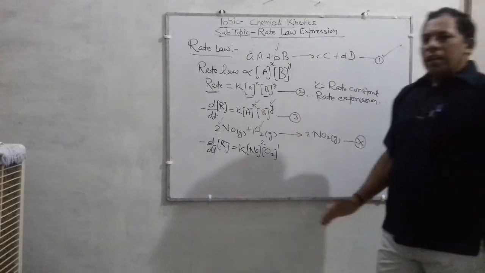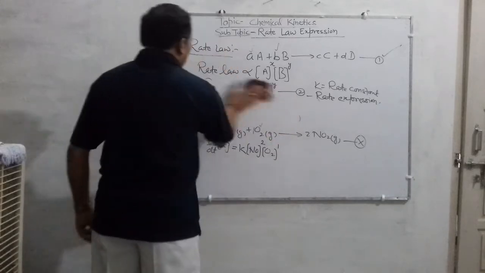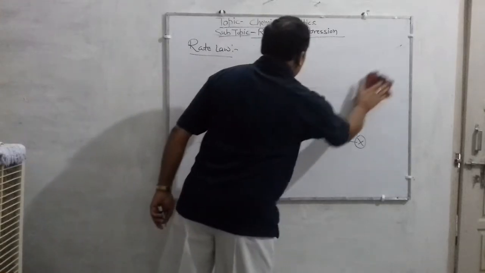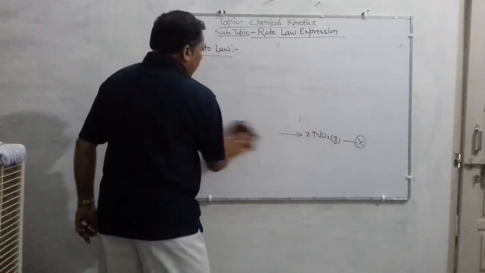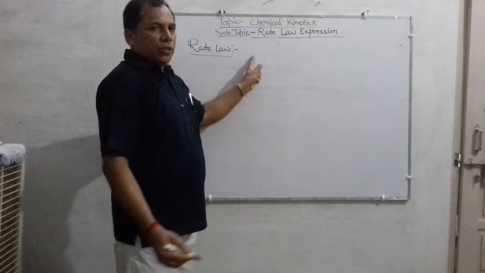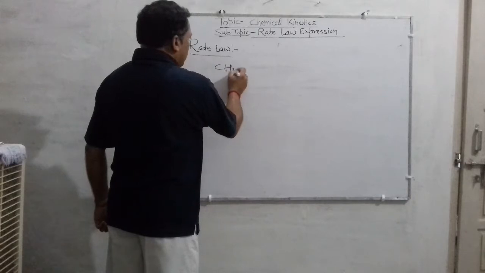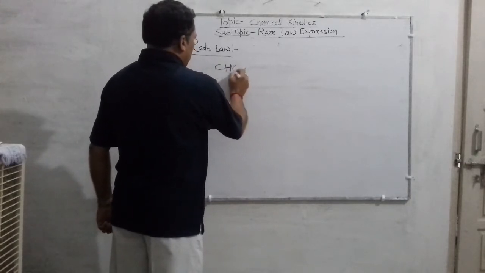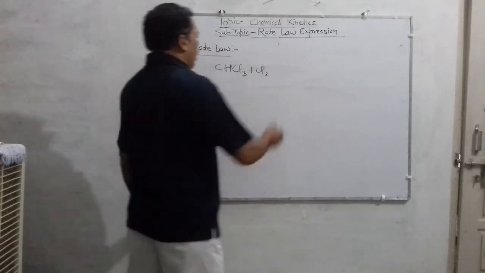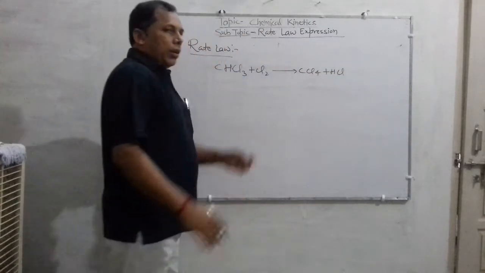This fundamental can be illustrated by taking some other example. So let's consider one more example. These points, children, are very important for this topic, so you have to be very careful to know and write the expressions clearly and correctly. Let's consider one more reaction, when chloroform reacts with chlorine, resulting in the formation of carbon tetrachloride and hydrogen chloride.